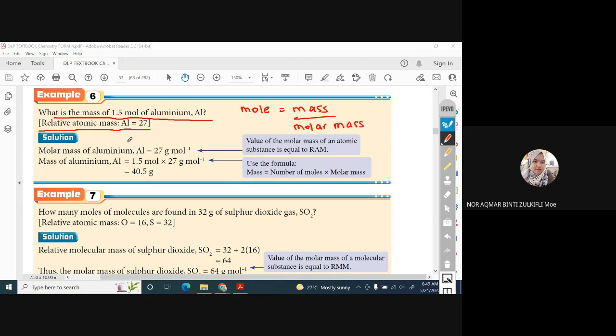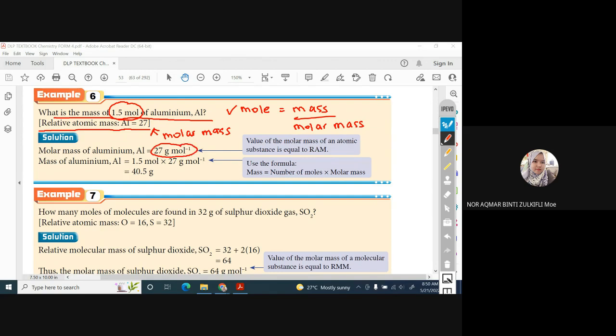Look at the information given. We have 1.5 mole, and then the relative atomic mass. Relative atomic mass has the same meaning as molar mass. This is new. Earlier you learned relative atomic mass, right? But when you want to use this formula, molar mass is actually the same thing as relative atomic mass, only the unit is different.